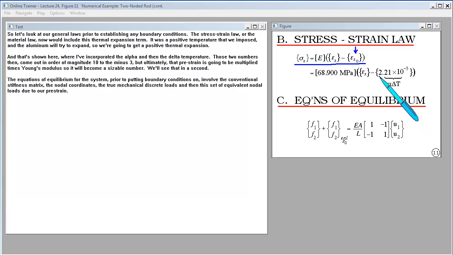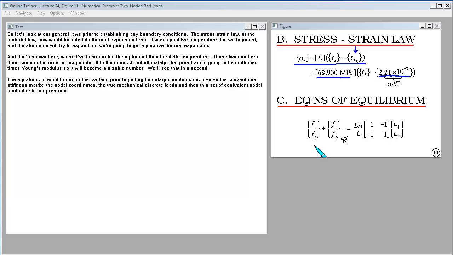And that's shown here, where I've incorporated the alpha and then the delta temperature. Those two numbers then come out in order of magnitude 10 to the minus 3, but ultimately that pre-strain is going to be multiplied times the Young's modulus, so it will become a sizable number. We'll see that in a second.